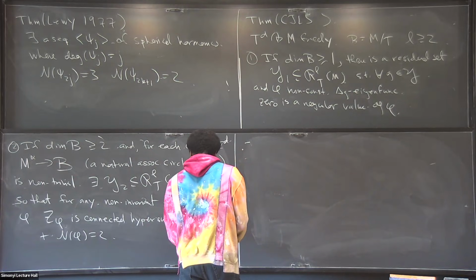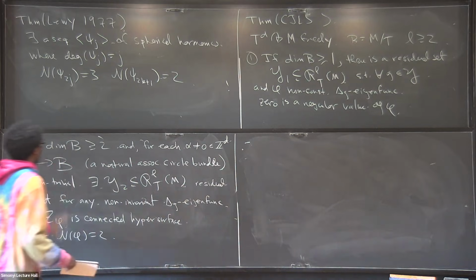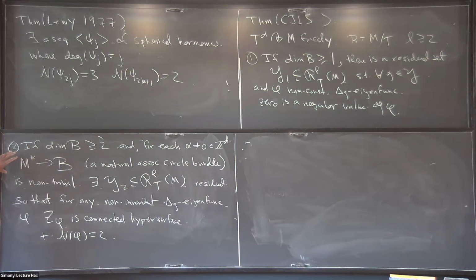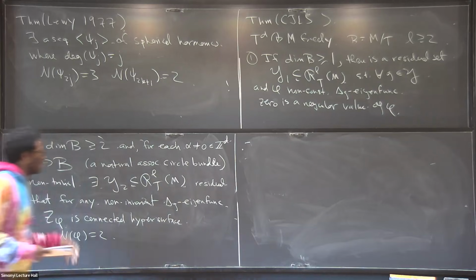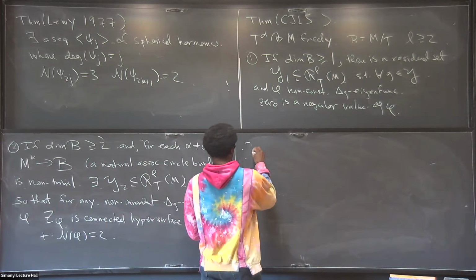Maybe I'll say, okay, so this is a condition. We need to have the presence of some non-trivial circle bundle. So maybe I'll explain how these circle bundles arise, then give a topological condition for knowing that we actually have them, and then talk about why we get lots of these examples. So what is this circle bundle?